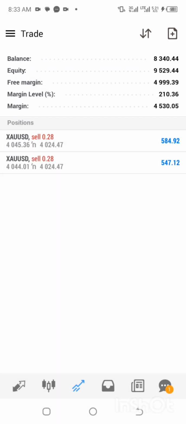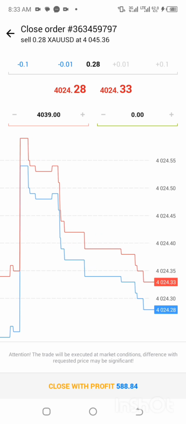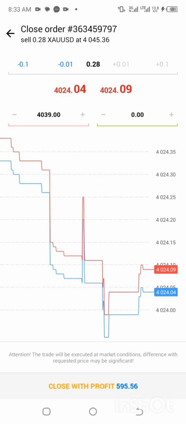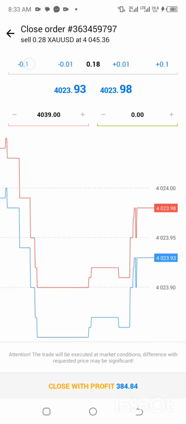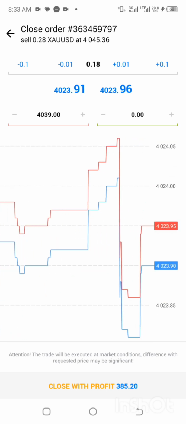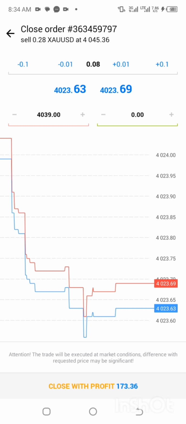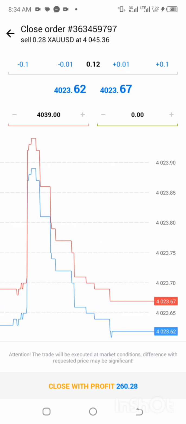So I come back to the trade, swipe to the left hand side and click the check button. Then you see here, when you tap to reduce, type minus 0.01 to reduce it to 0.14.